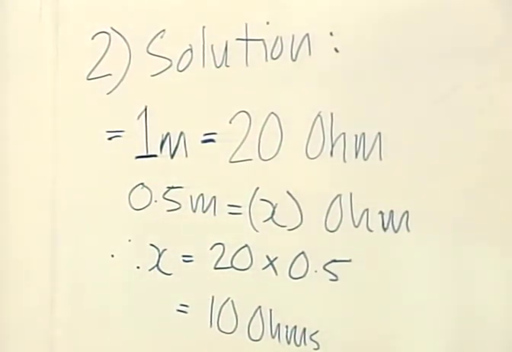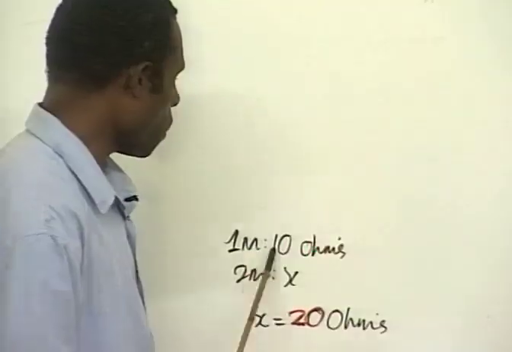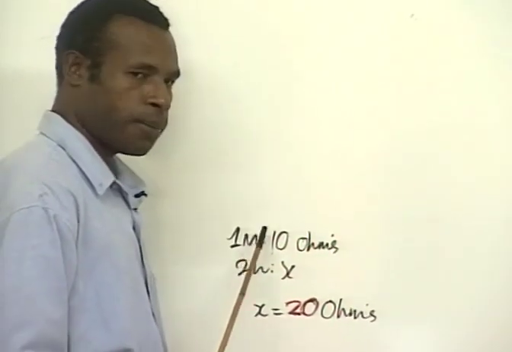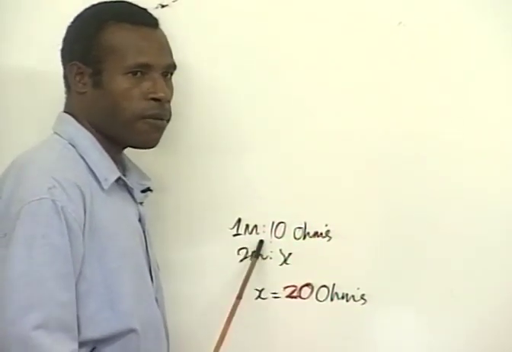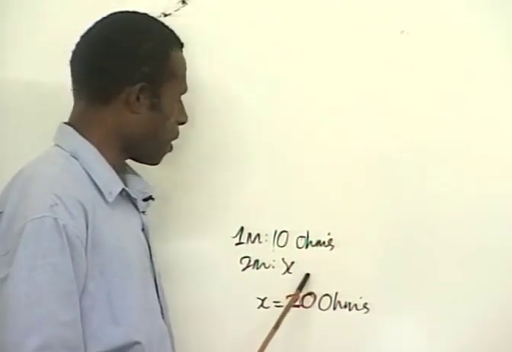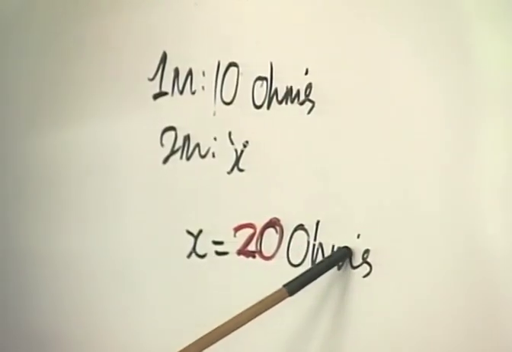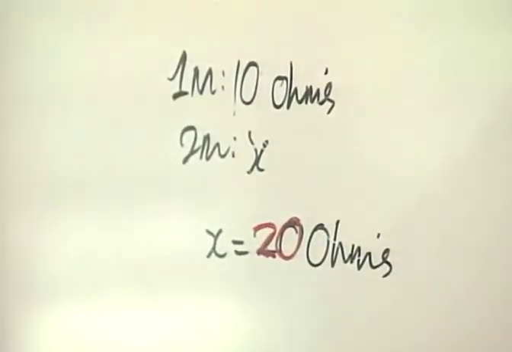This is not 200, but 20. Putting that information into ratio form, you can solve for X, the other resistance. So we have X equals 20 ohms. All right, that is correct.